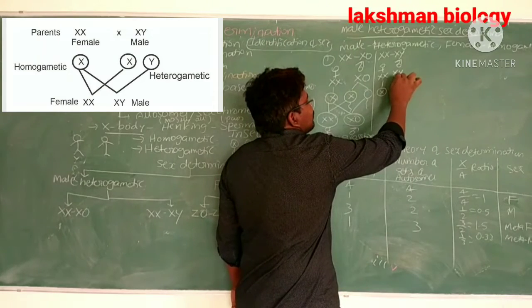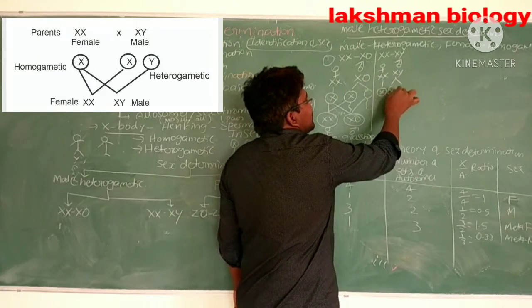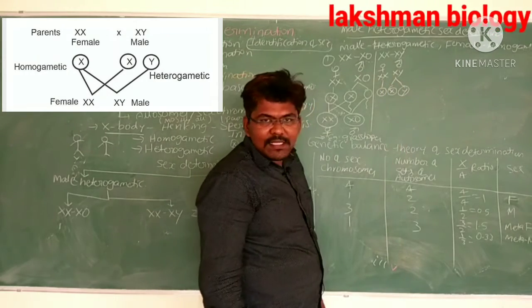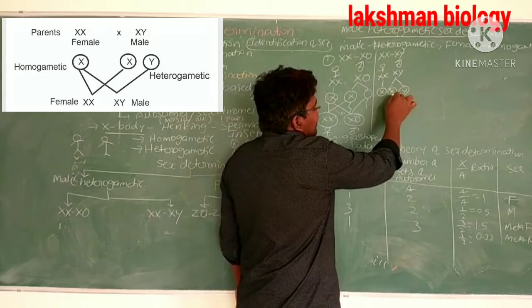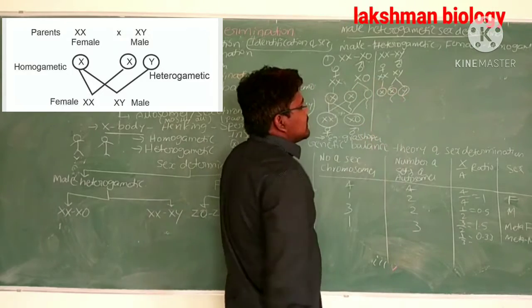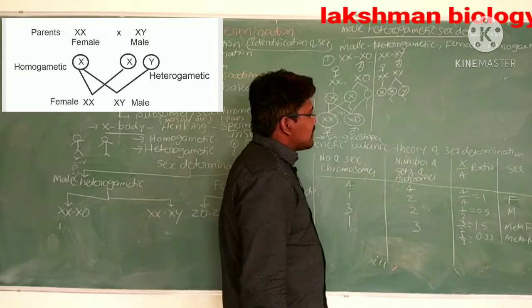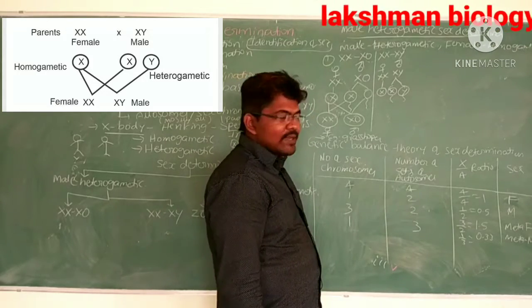The male produces two types of gametes: 50% gametes contain X chromosome and another 50% contain Y chromosome. Meaning 50% of sperms contain X chromosome and 50% of sperms contain Y chromosome.